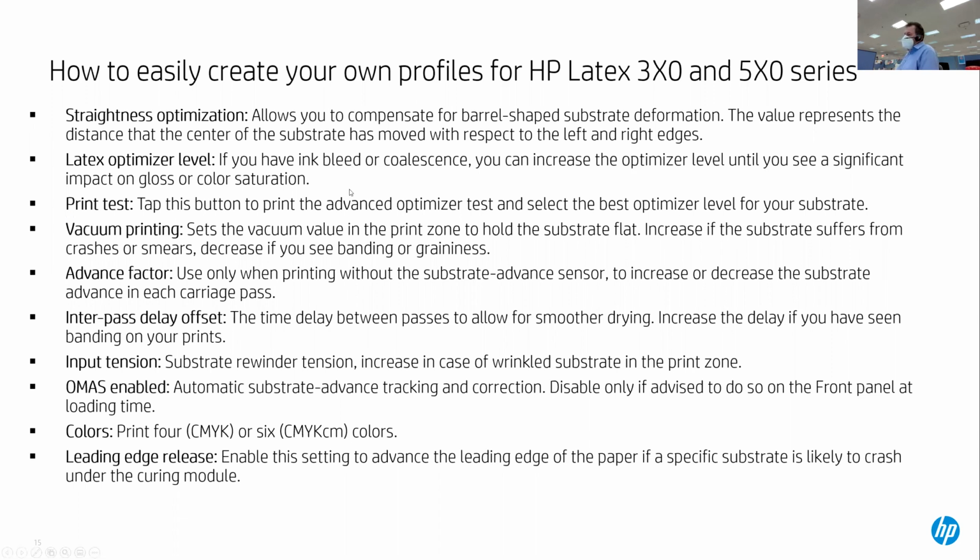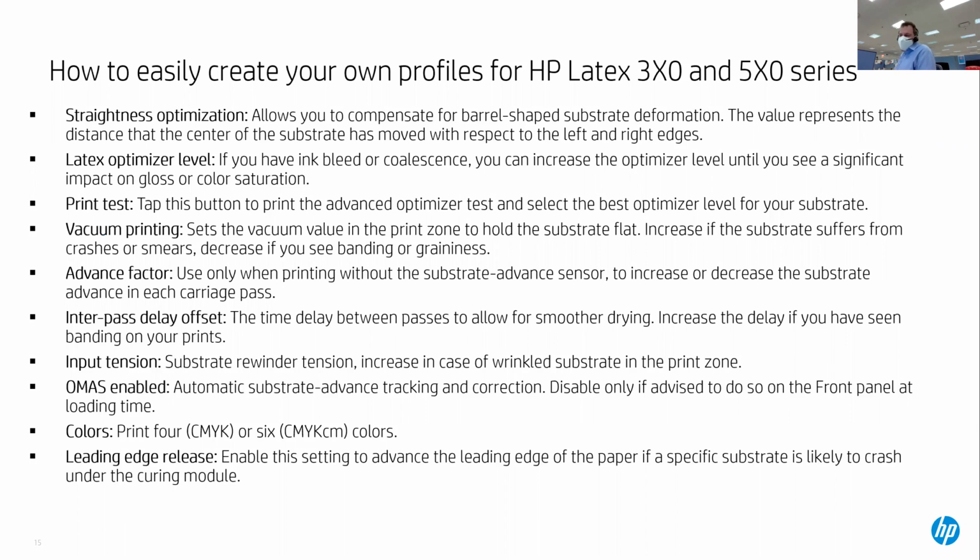You can do the print test, and then, well, you can do the same thing as we've seen before. You can adjust the vacuum of your print zone. So it's making sure that you can keep your media flat. It doesn't wrinkle.